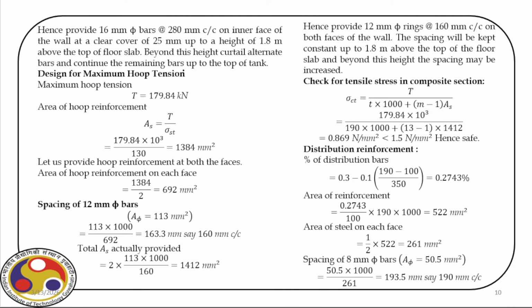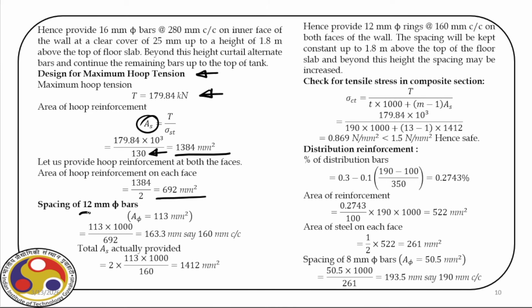Then as usual we design against maximum hoop tension. Recall T is 179.84. So we can calculate As, which is T by sigma st. Sigma st in our problem is 130. So we can calculate the area of steel, which is 1384 millimeter square. Now that we distribute over two faces, so each face will get a steel requirement of 692 millimeter square.